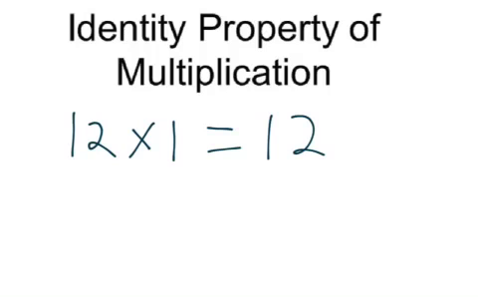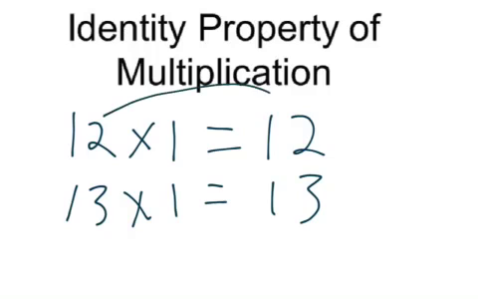Let's go over the identity property first. The identity property states that any number, let's say 12, times 1 will always equal itself. So if you did 12 times 1, it'd equal 12. If you did 13 times 1, it would equal 13.